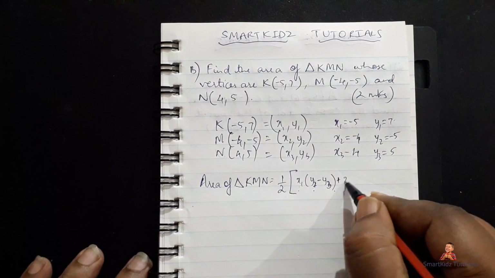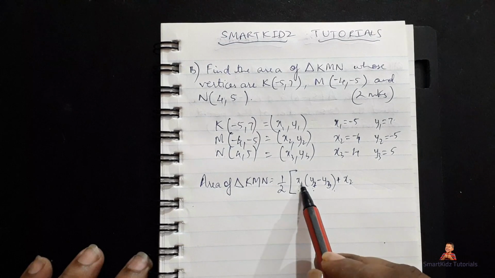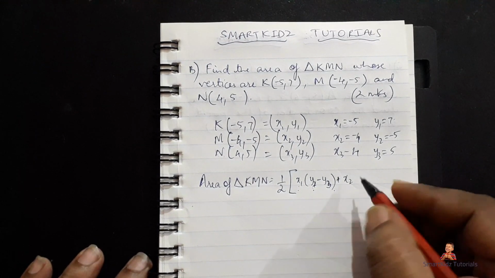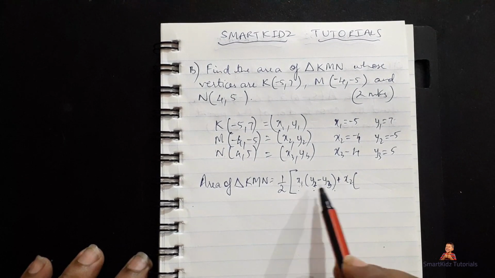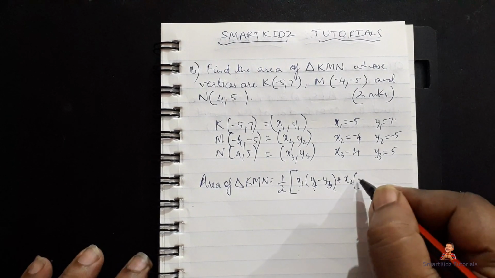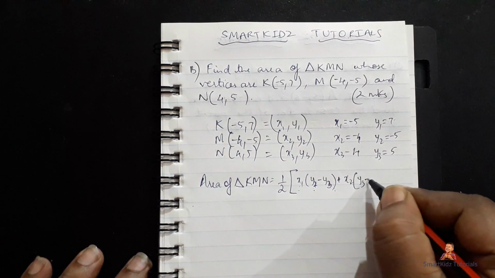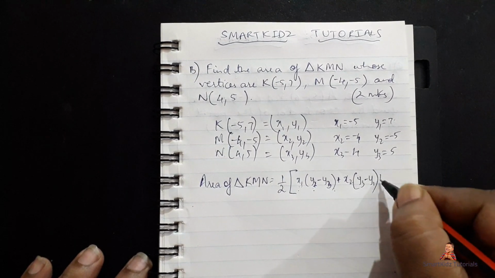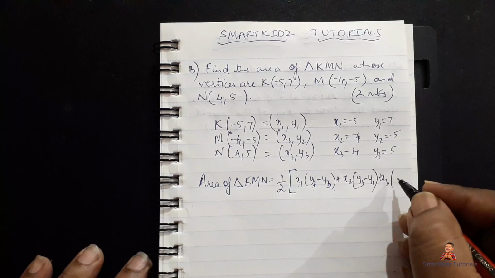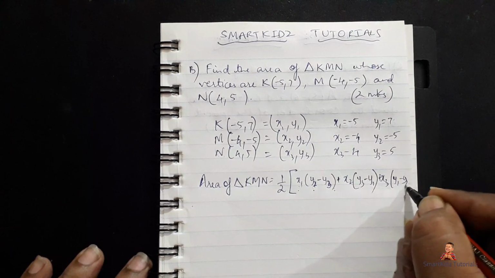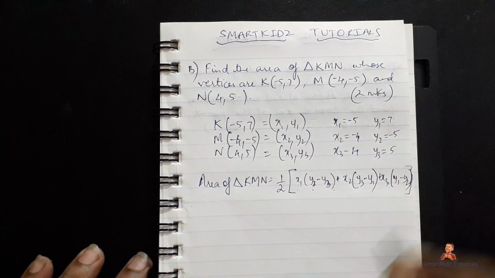Okay, so plus the next would be x2. So here also it will be x1, x2 and then next will be x3, and since it was 1 2 3, next it will be 2 3 1. So this would be (y3 - y1). Next one will be x3, and since x3 has come, that means it will be (y1 - y2). We close the bracket and close the bracket here as well.